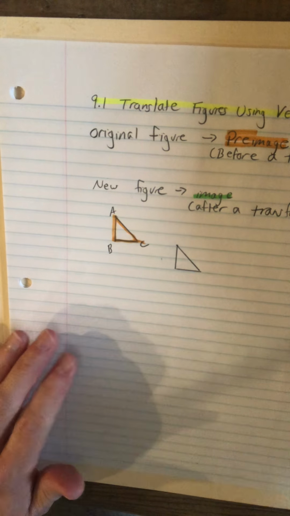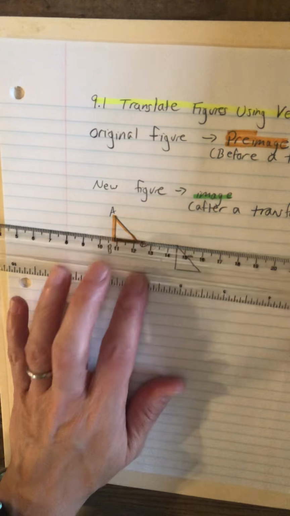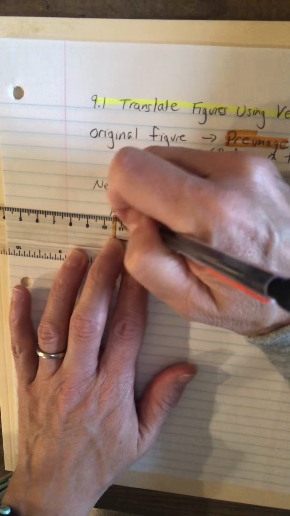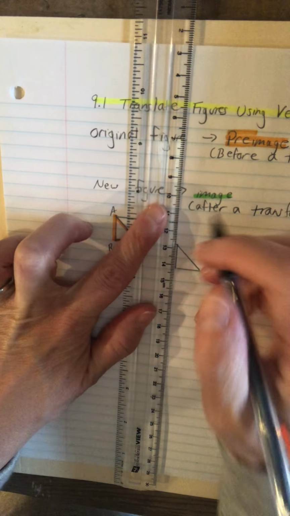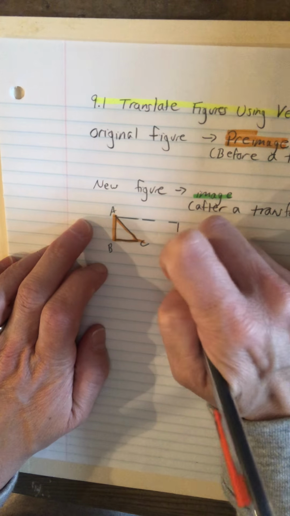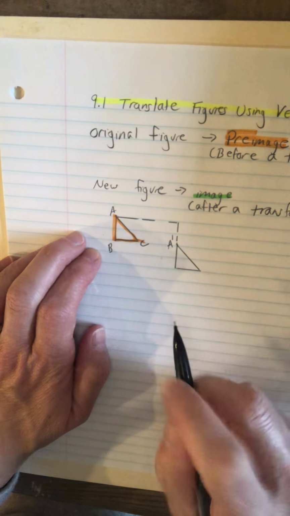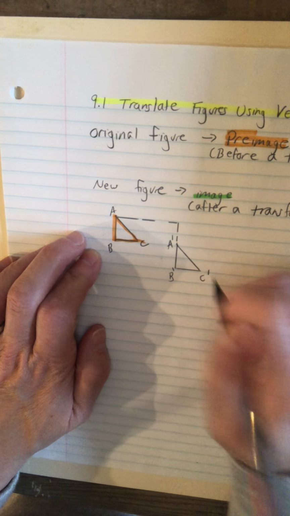Okay, and I'm going to translate it. It's going to go over, and then down. And that's going to be true for every point on that. And my new figure, A will become A prime, B will become B prime, and C will become C prime.